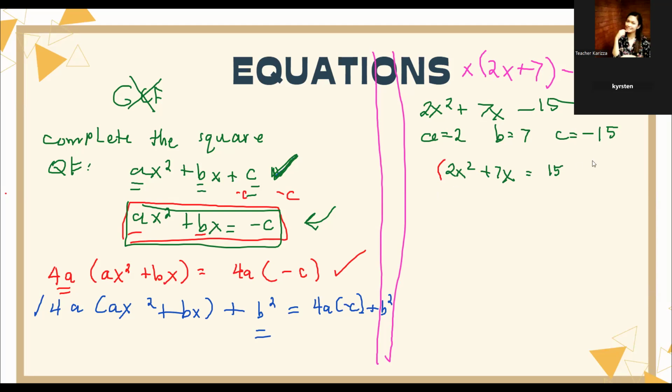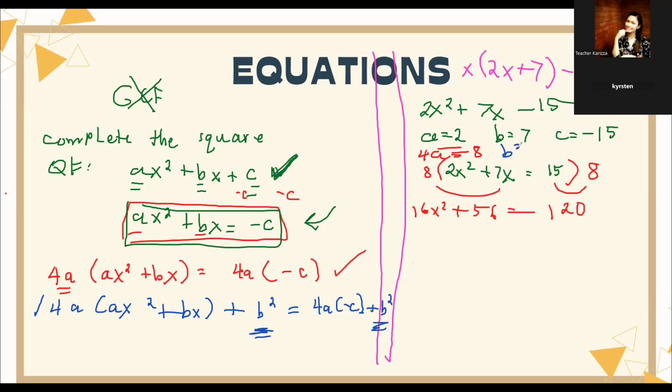Next step, multiply both sides by 4a. So 4a is 2 times 4, 8. So multiply both sides by 8. We have 16x squared plus 8 times 7 is 56x is equal to 15 times 8 is 120. And then step 3, add b squared to both sides.